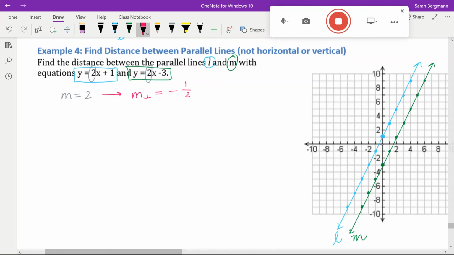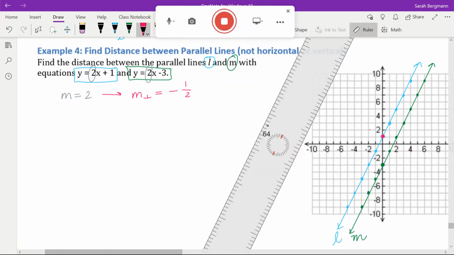So I'm just going to start on the blue line, at its y-intercept. The y-intercept of the blue line is at y equals 1. Now, in order to form the perpendicular, I know I need to go down 1, over 2. Down 1, over 2, and so on. So I know that this is my perpendicular line.